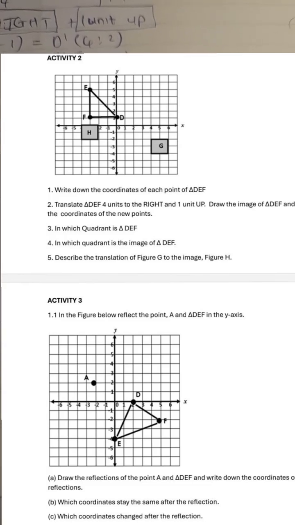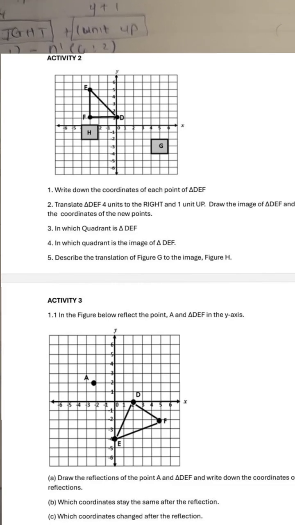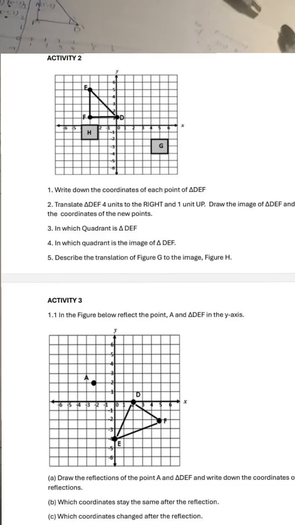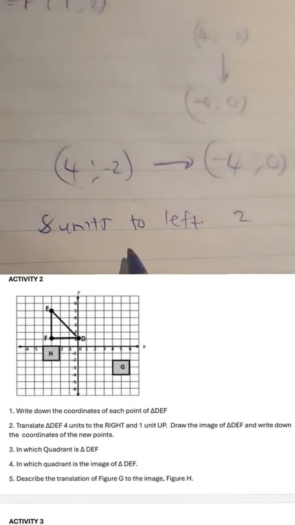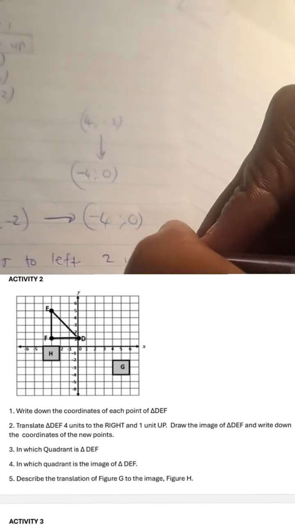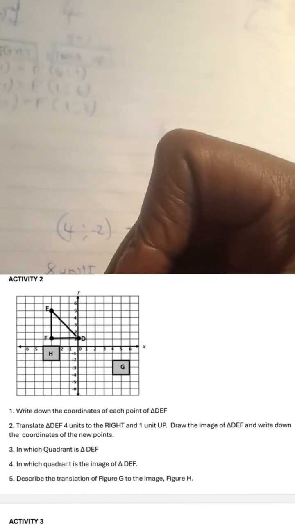Now we want to get to the same corner of H that we began at in G, so we are moving up, and we count how many units. 1, we are getting to -1. 2, we arrive at 0. So that means 2 units upwards. So we have moved 8 units to the left, guys, and 2 units upwards.